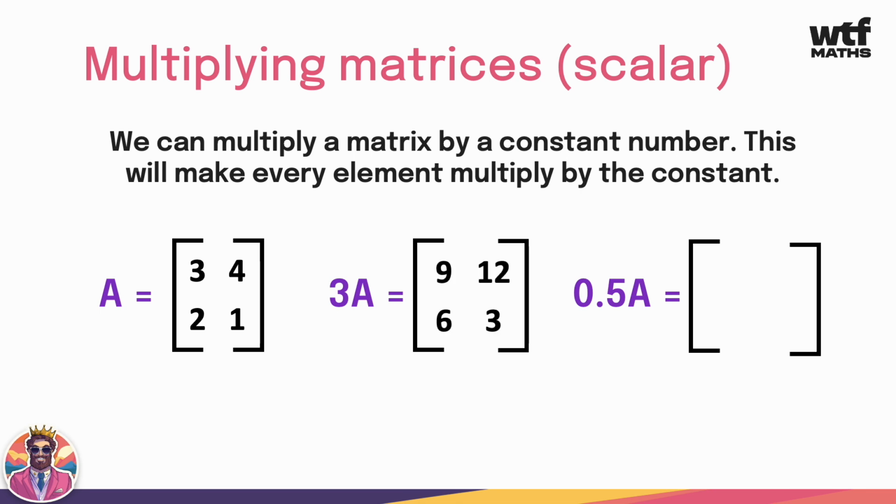So 3 becomes 9, 4 becomes 12, 2 becomes 6, 1 becomes 3. Pretty straightforward. If we multiply by 0.5 times A, we're just going to half all our numbers. So we end up with 1.5, 2, 1, and 0.5. So if there's a number in front of the matrix name, you're just timesing every element by that number.